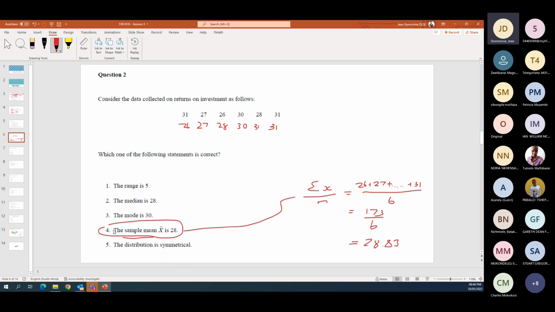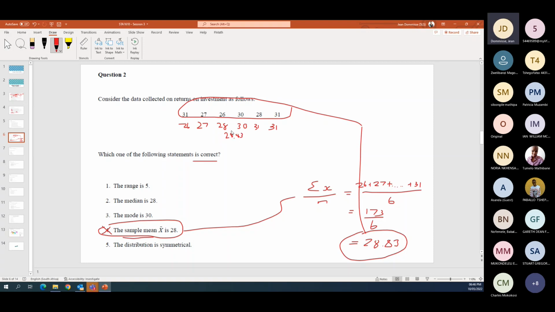Okay, so the sample mean, we needed to get the correct one, so the sample mean is actually wrong. But what the variance then does is to say, but how do these other numbers differ from your sample? So the variance will say, okay, your sample average is 28.83.